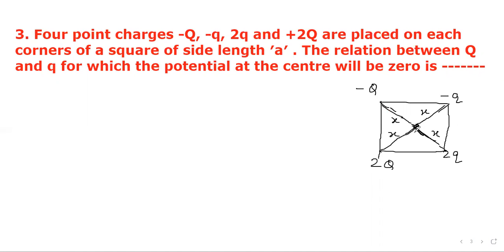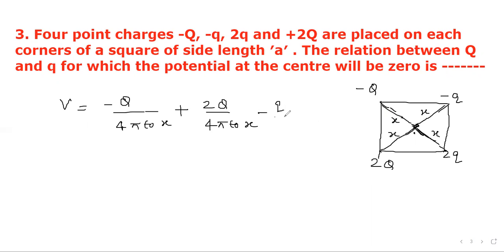Now we find potential at this point. So V will be equal to minus q upon 4 pi epsilon naught x plus 2q upon 4 pi epsilon naught x minus q upon 4 pi epsilon naught x plus 2q upon 4 pi epsilon naught x.